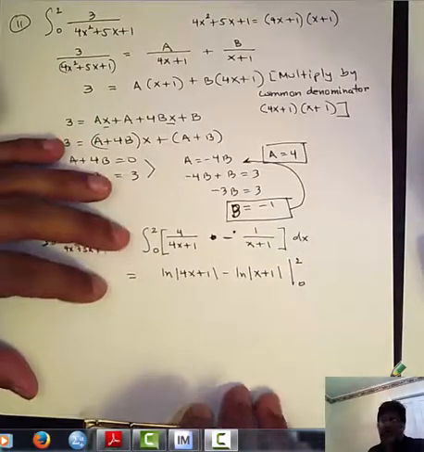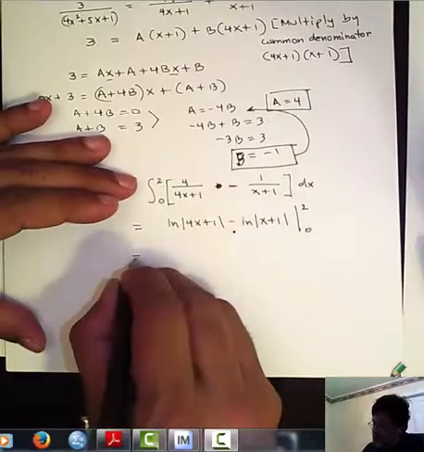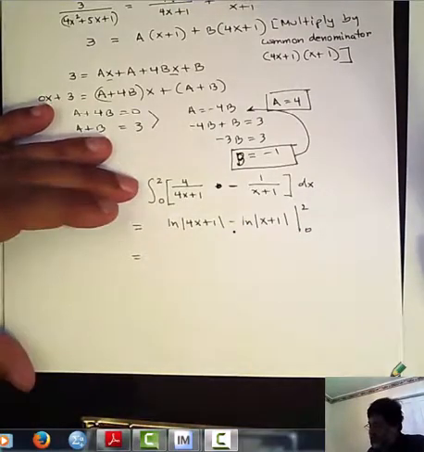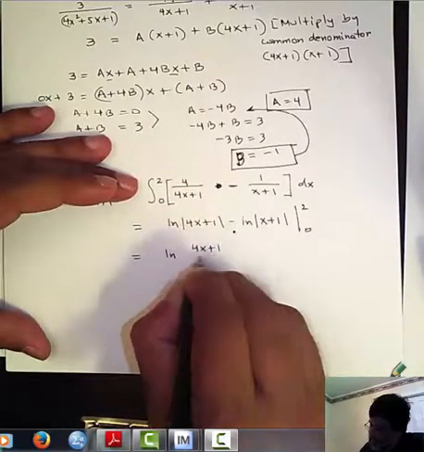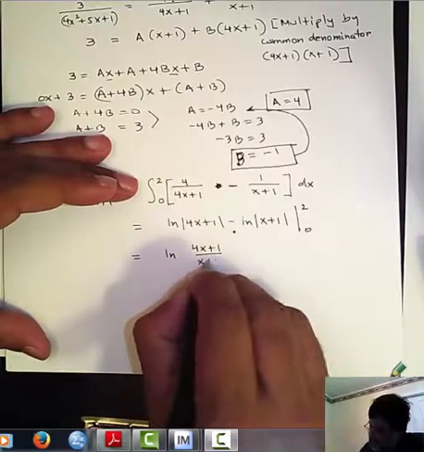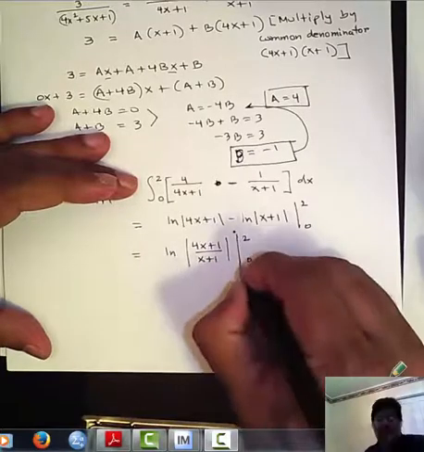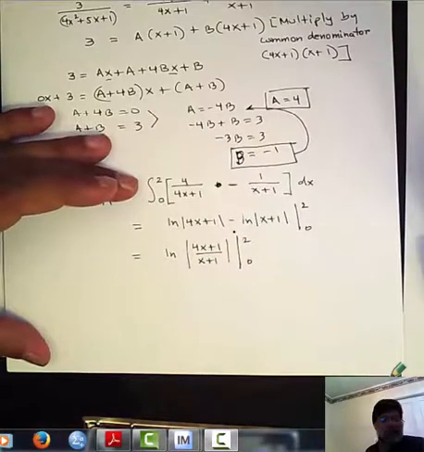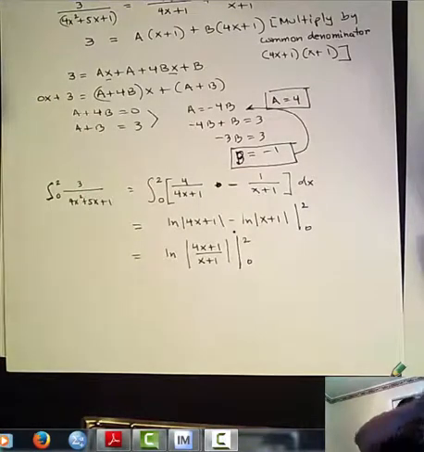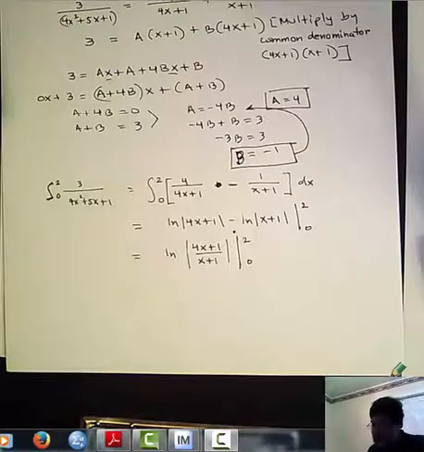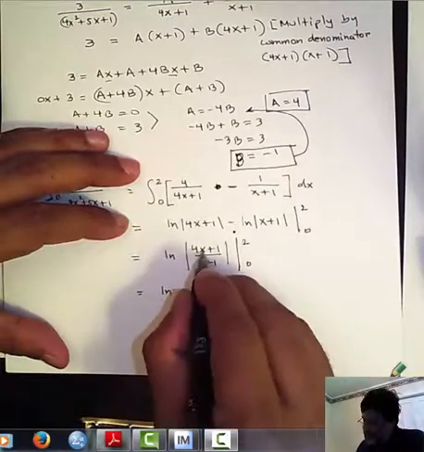So since this is definite, we gotta plug in the values and go from there. When I have ln of a minus ln of b, can I not write it as this? As division. Okay. So we can plug in 2. 2 times 4 is 8, plus 1 is 9.